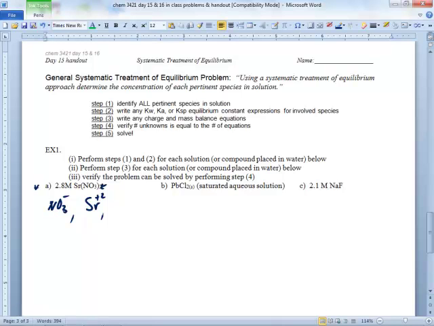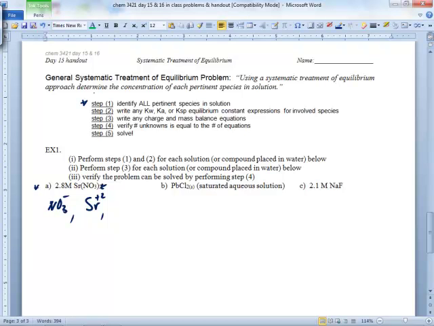You only introduce species that you're going to need to solve the problem. If you introduce H plus and OH minus, it's just going to lead to more equations we have to write. Which is fine, but it's not going to affect our answers to the problem. So we do quit. So that's step 1.